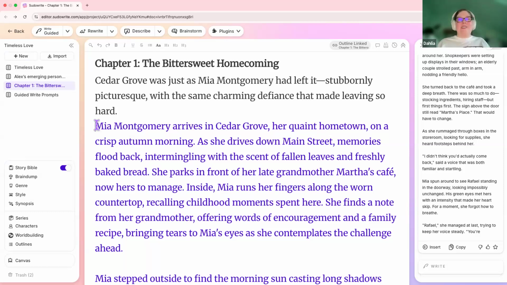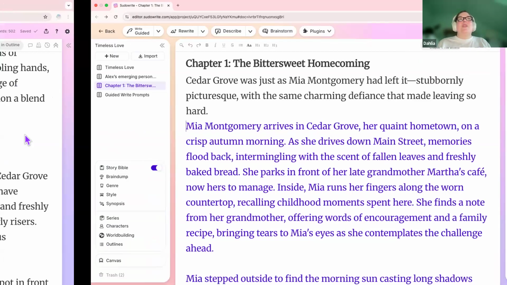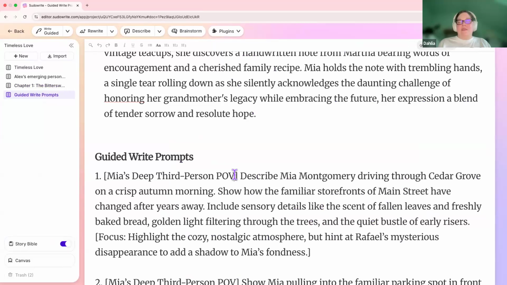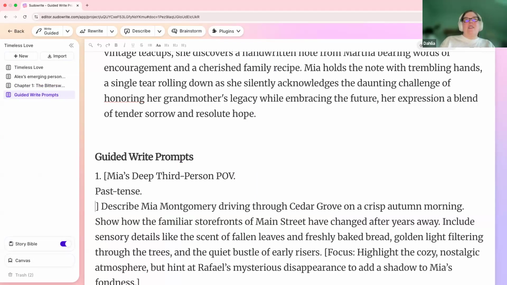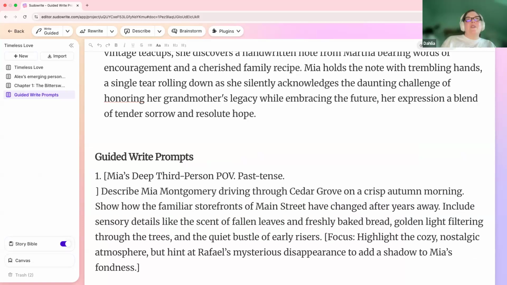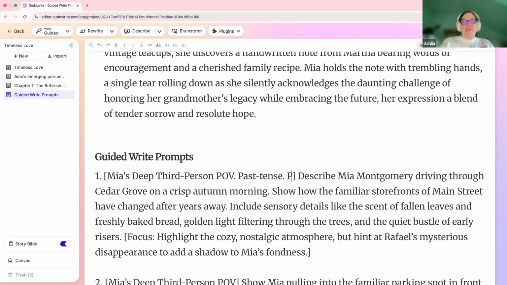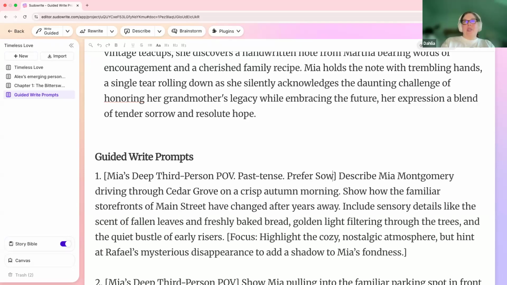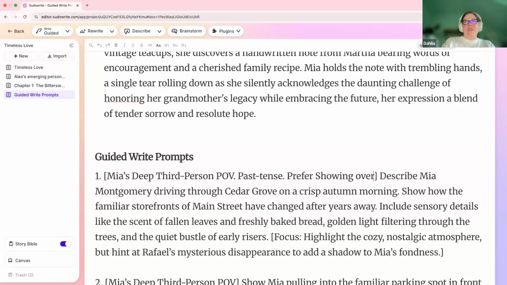Yeah, that's also one part of working with AI, that it's sometimes not giving you what you're expecting. And in that case, I would add this here, and also something I like to use is prefer showing over telling, hoping that it catches on, that it should give me a bit more.